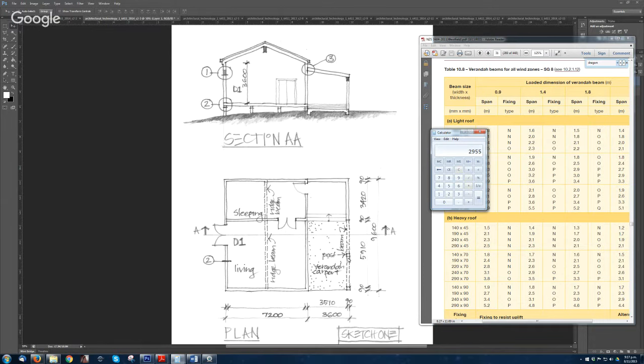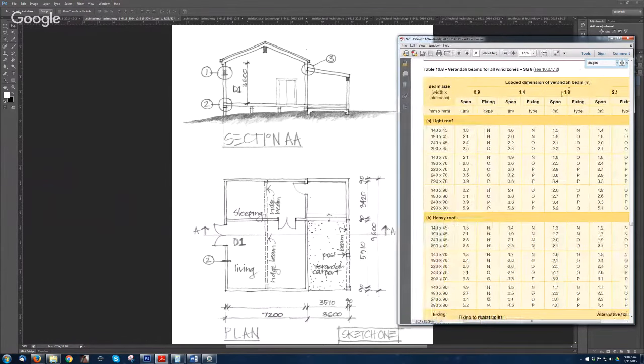So that distance here is like 3 meters, because after that it's supported by a post, so it's okay. Because if that post there wasn't there, the span would be 5.9. But because there's a post, it's going to be 3 meters.